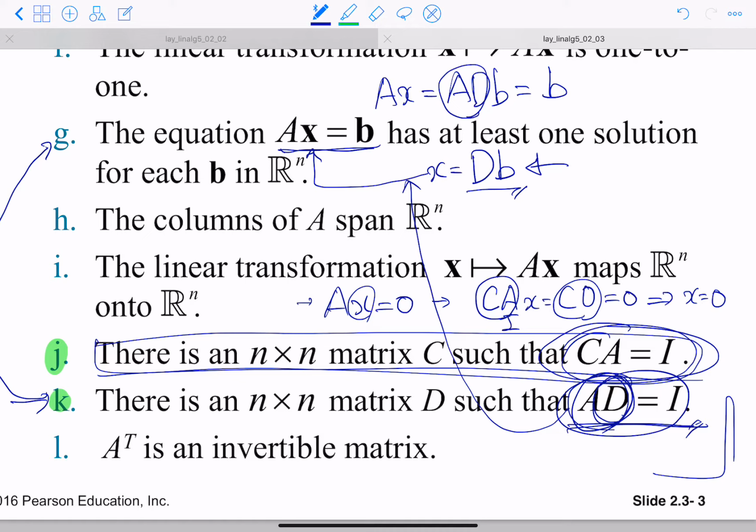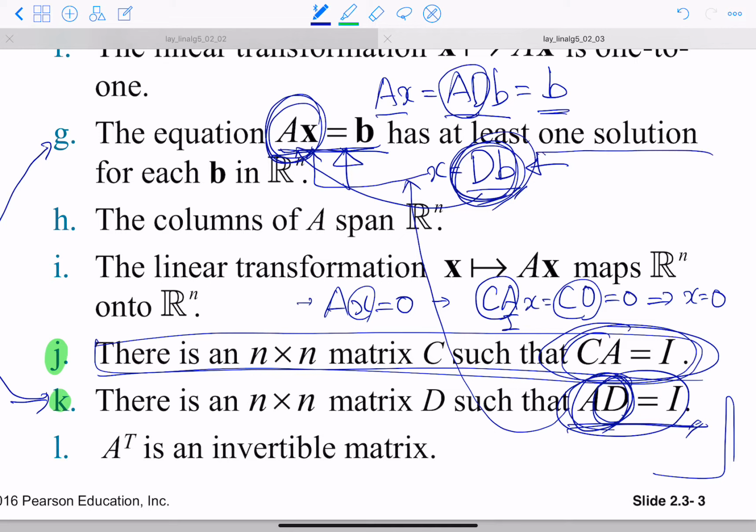If we set X as dB and plug it into AX, then it will give us B, right? And so we found at least one solution that satisfies this, represented as dB. So we found at least one solution in this form satisfying this linear system, and so we can guarantee that there exists at least one solution.